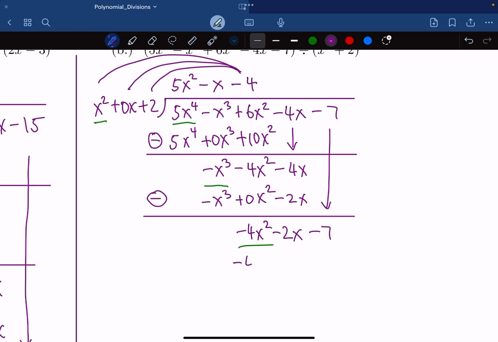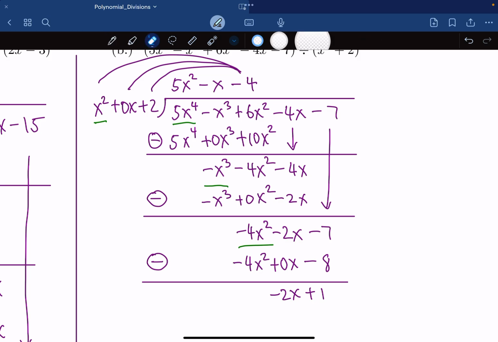We get negative 4x squared plus 0x minus 8. And subtract. So the negative 4x squared, they cancel each other out. Negative 2x minus 0x is still negative 2x. Negative 7 minus negative 8 becomes negative 7 plus 8, which is positive 1.